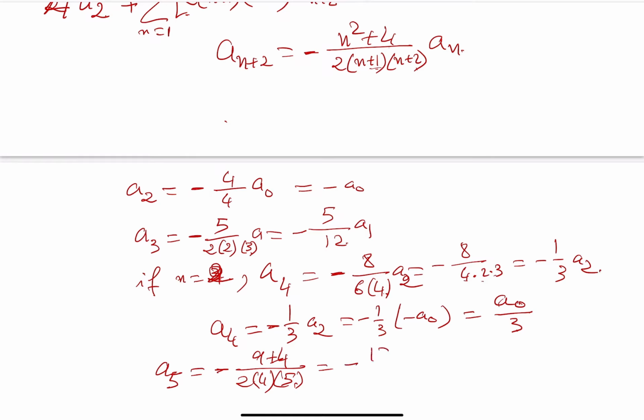You have negative 13 divided by 40, and you have a3. N is equal to 3, you have a3 here, and the result is negative 13 over 40.